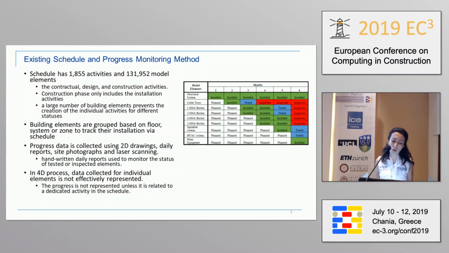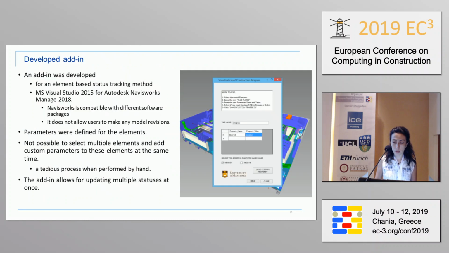But the statuses of the components were tracked using handwritten daily reports. Of course, because the status data is in the handwritten daily reports, it's not transferred to the schedule and it's not transferred to the 4D model of the project.